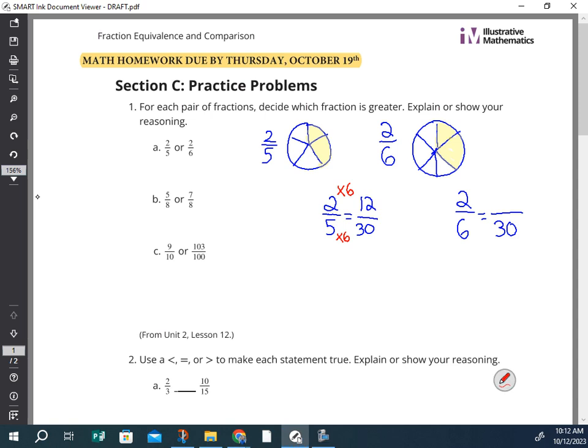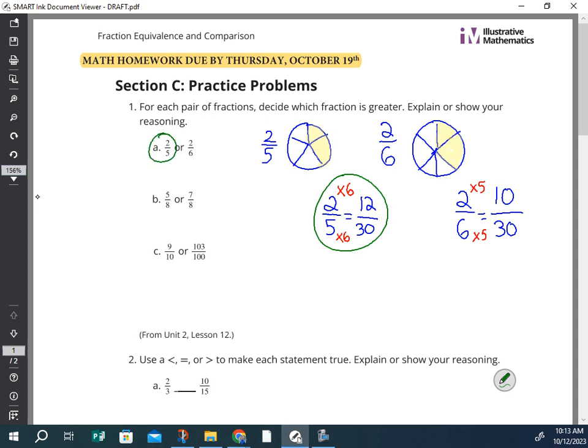And then the other fraction, 2/6, if I times 6 by 5, I get 30. So 2 times 5 is 10. Oh, I noticed that these are larger. So that means 2/5 is larger.